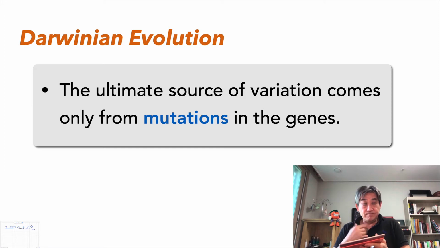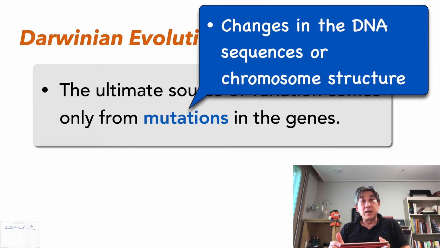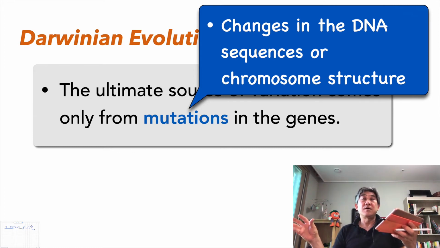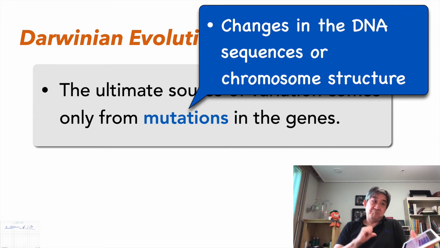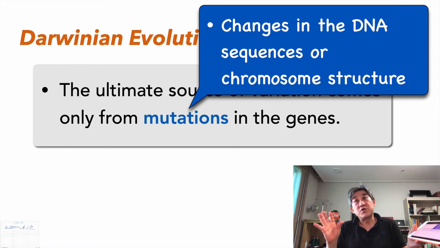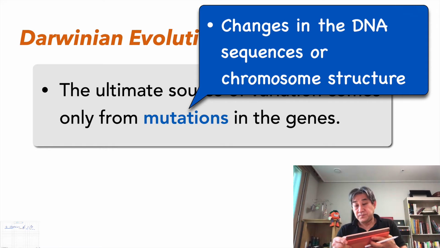So like I said, all this diversity is the result of mutation in a given gene, and the definition of mutation is any alteration, any change in the DNA sequence, or that change can also come from a larger scale alteration, like an actual modification of chromosome structure.